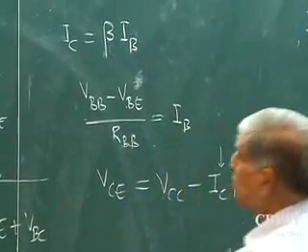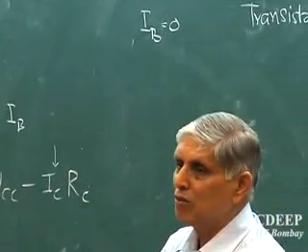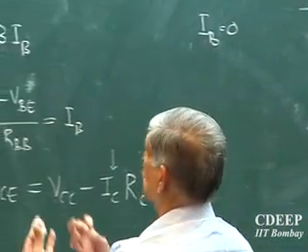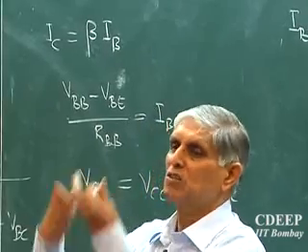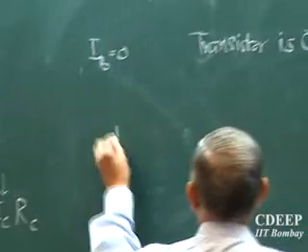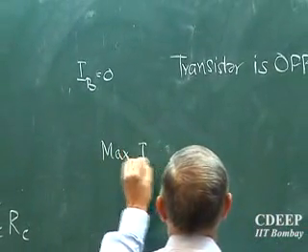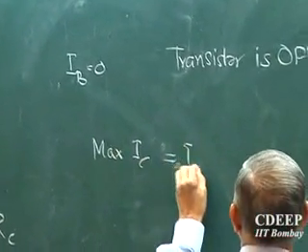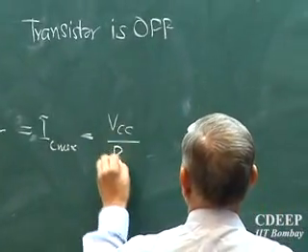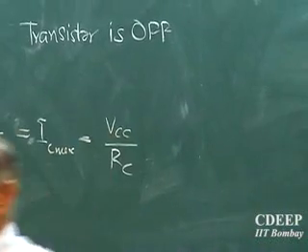What is the maximum current this circuit can have from the power supply to the ground? Assuming that VC is 0, which is the least VC can go, then the maximum IC, or sometimes written IC max, which can flow in this circuit is VCC by RC.